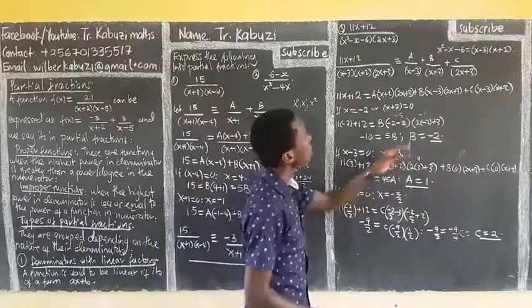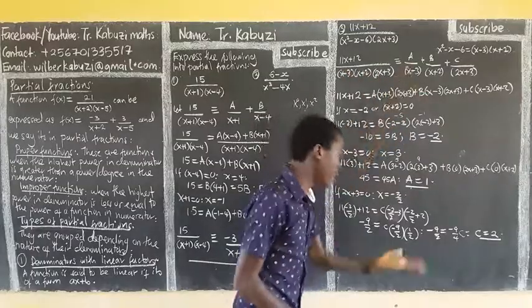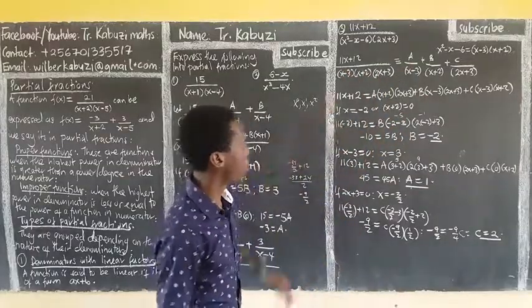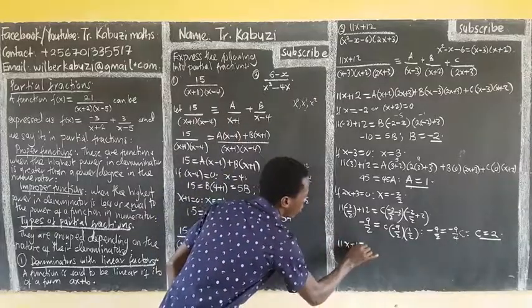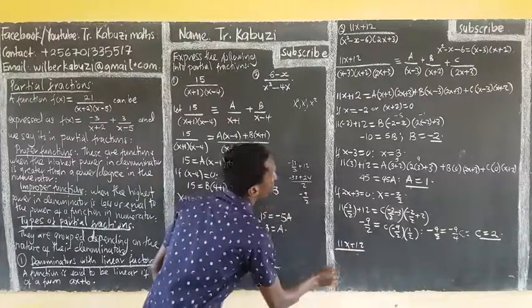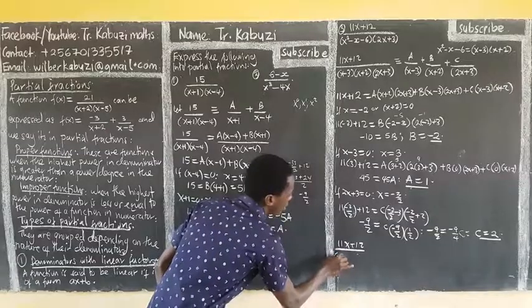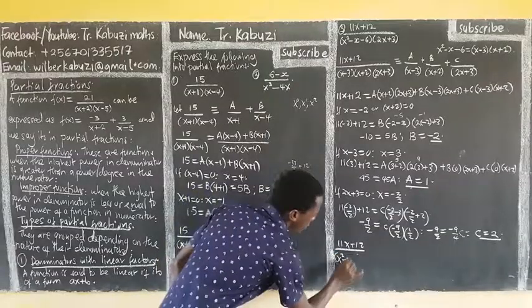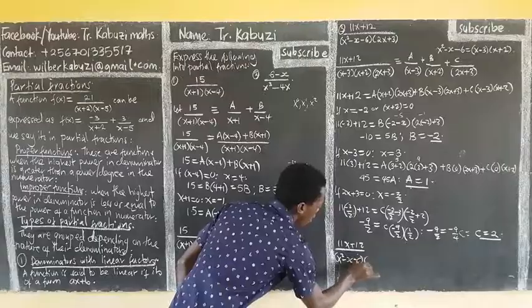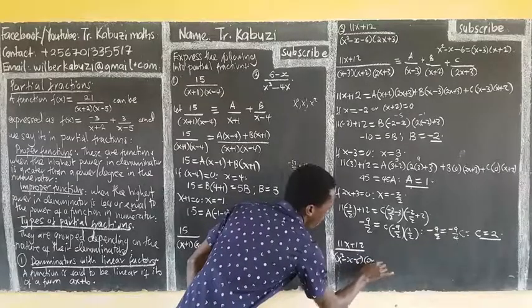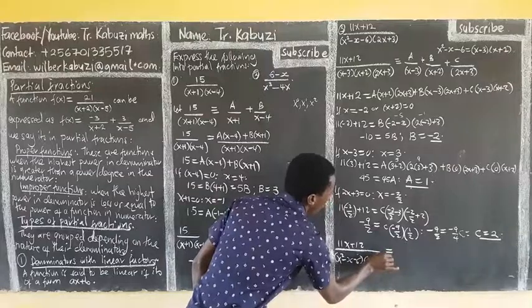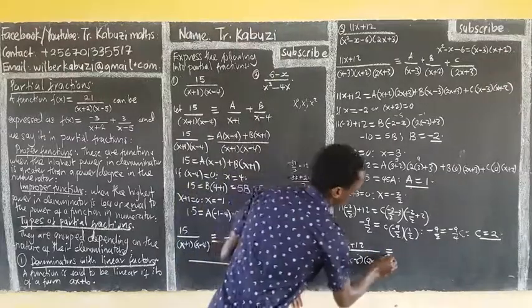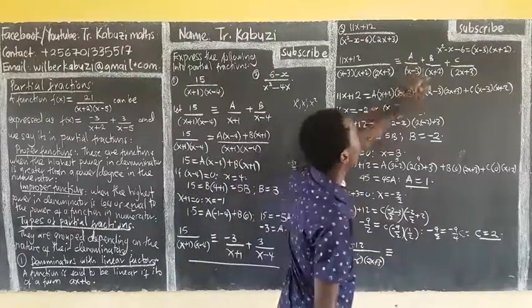Now, you come back and write this properly. So now 11x plus 12, the whole over x squared minus 4, is going to be equivalent to our a.